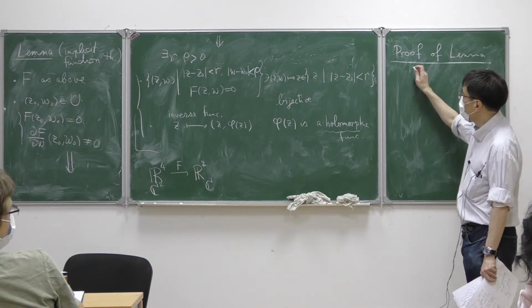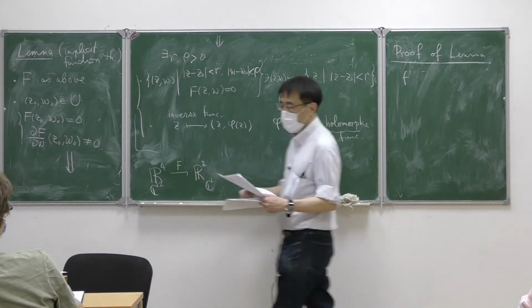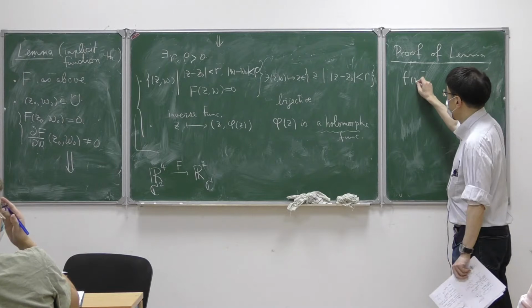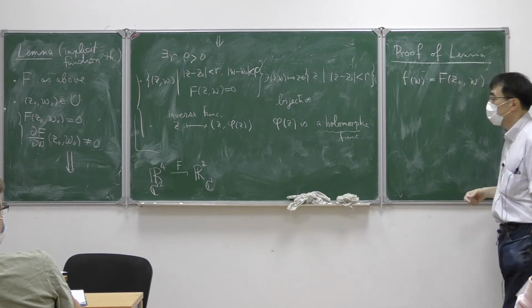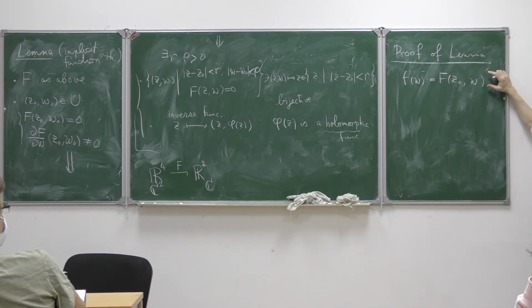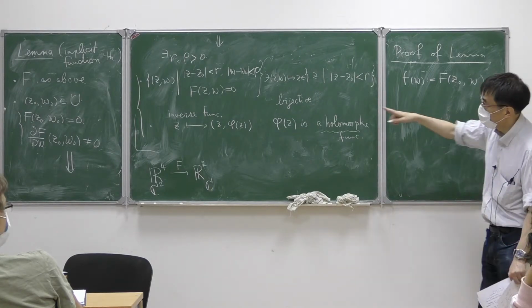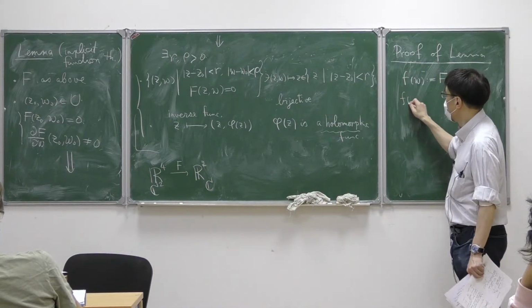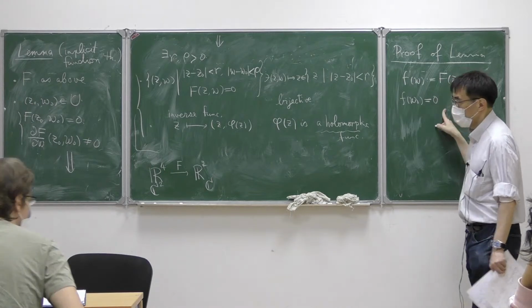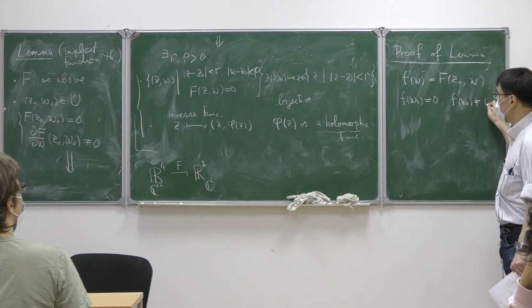How to do that? Well, first let's fix the first component of Z. And assume f is a polynomial in W. Then by this assumption, this is 0, and f prime is not 0.